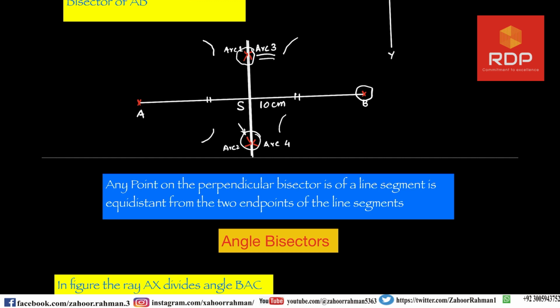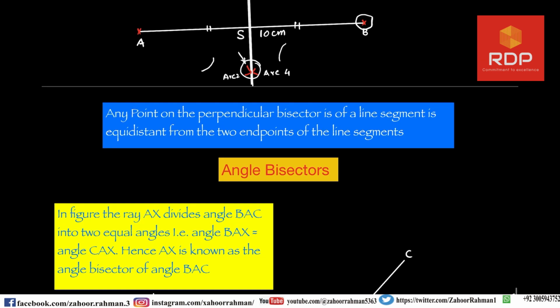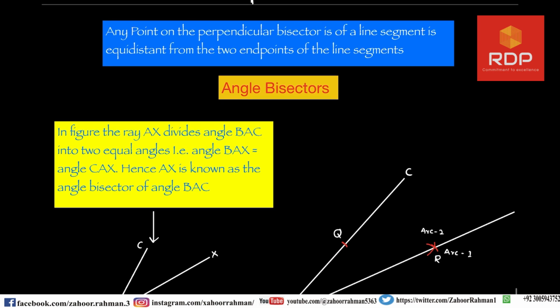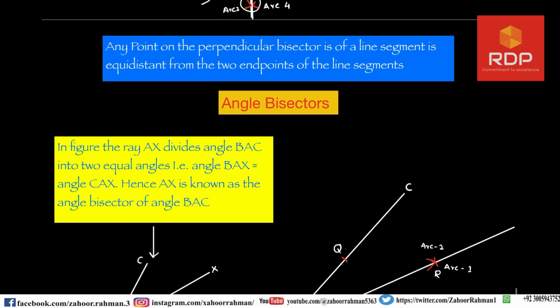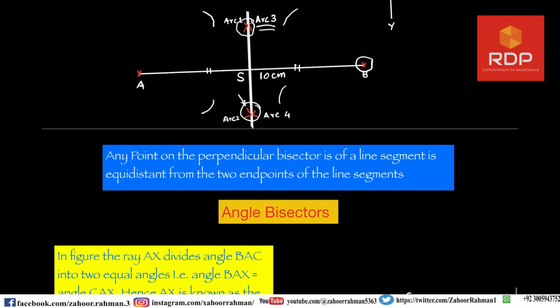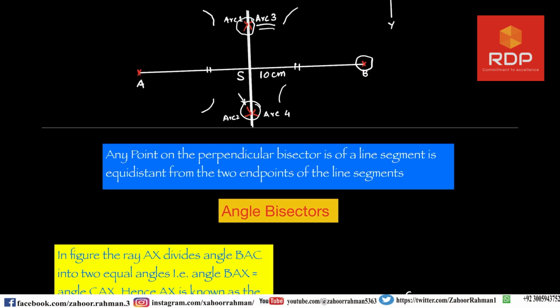Don't go anywhere. Let's learn another theorem about the perpendicular bisector. One important thing you have to keep in mind is that any point on the perpendicular bisector of a line segment is equidistant from the 2 endpoints of the line segment.